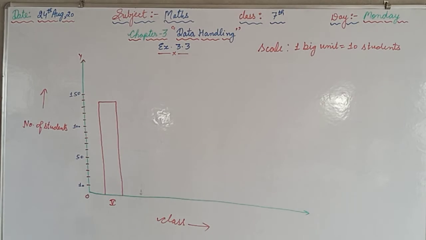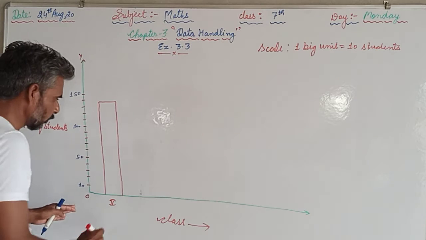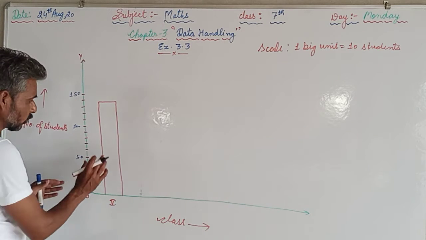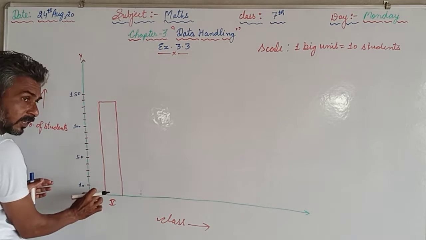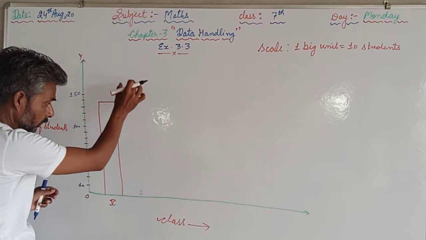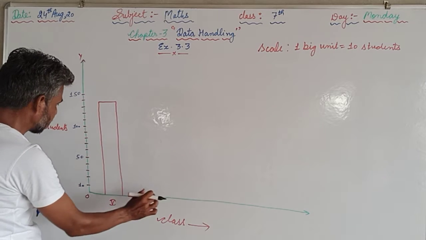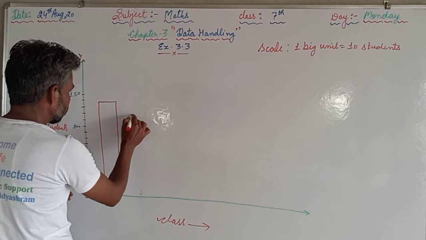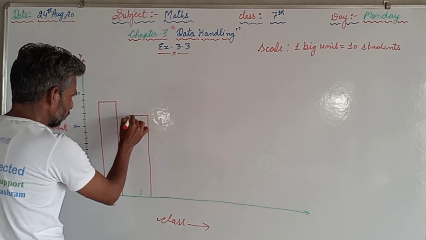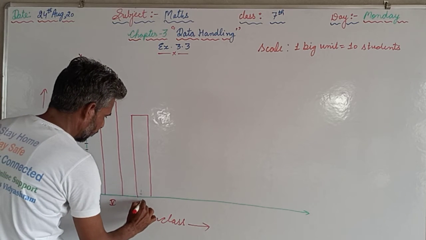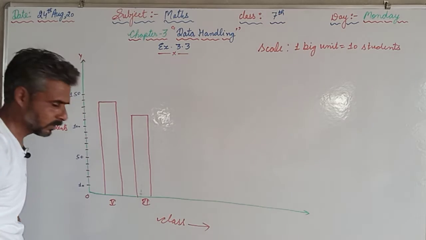The next is class 6. For class 6 the number of students is 120, so you will leave some space, this much space. First box you will leave, then 5th class, then one more box you will leave, then 6th class 120, 110, 120. So like this, that will be class 6.